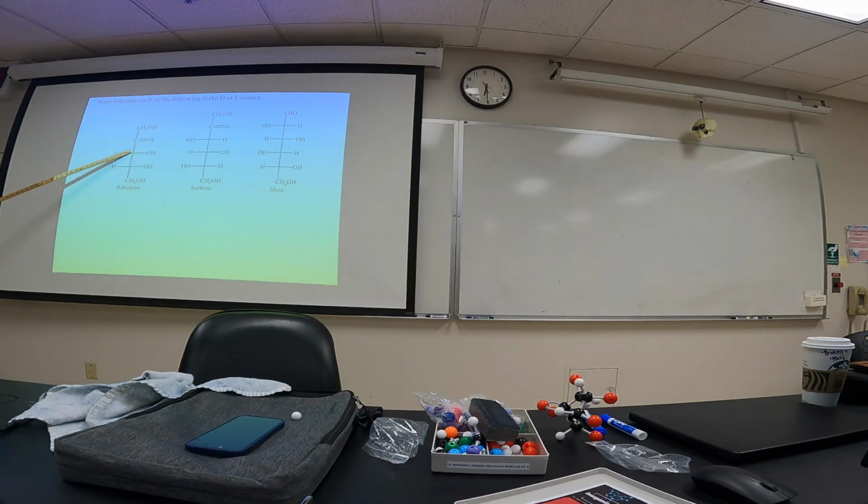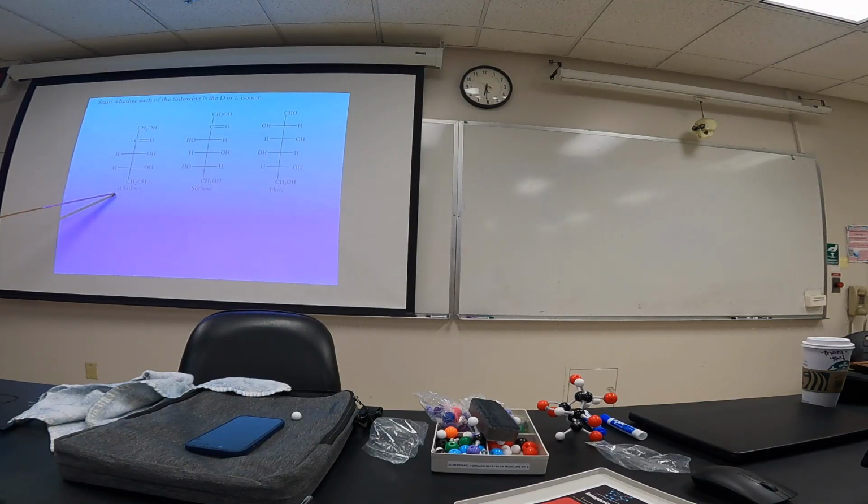This is 1, 2, 3, 4, 5 carbons. It's a ketose sugar. So Samantha, what would we call this sugar? We are going to use penta, yes, or pent, right? But we still need the prefix because it's a ketone sugar. It's a ketose. We're going to say keto pentose.